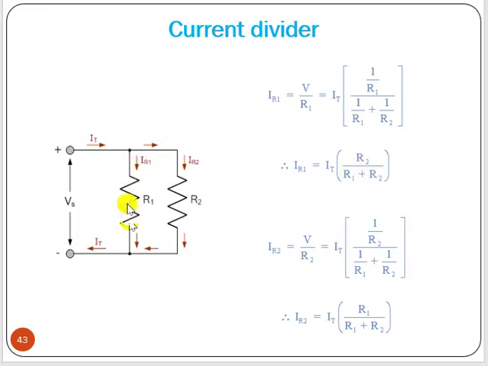Suppose you have to find out IR1, then it is total current IT into other branch resistance, that is R2, divided by total branch resistance R1 plus R2. IR2 will be equal to total current IT into other branch resistance, that is R1, divided by total branch resistance R1 plus R2.